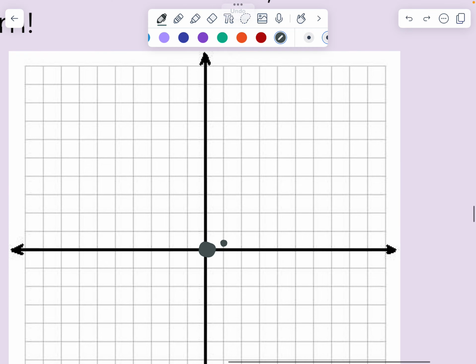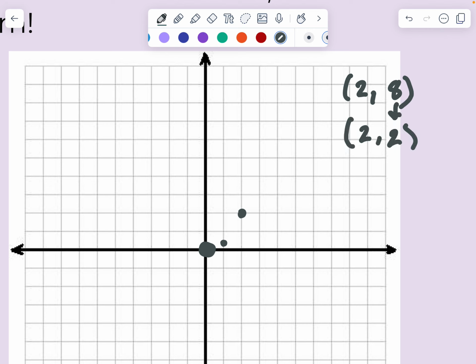Normally, I would be graphing (2, 8), but I have that y shrink of 1/4. So a fourth of 8 would be 2. And again, just to show you mathematically, this guy gets compressed by a fourth.